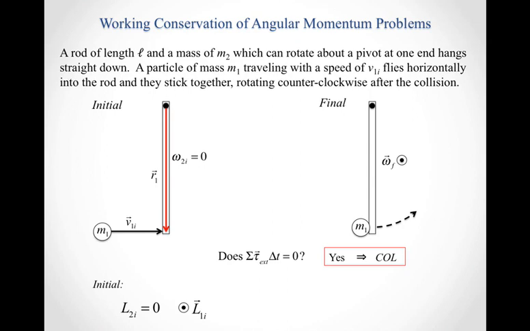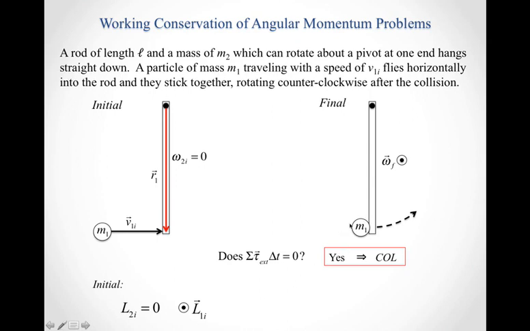I need to hold my right hand so that my fingers are pointing in the direction of the linear momentum, which means in the direction of the velocity. So in this case, my thumb points down, the fingers of my right hand point to the right, and when I do that, my palm is pointing back up out of the screen. So I have an initial angular momentum for the particle that points out of the screen.